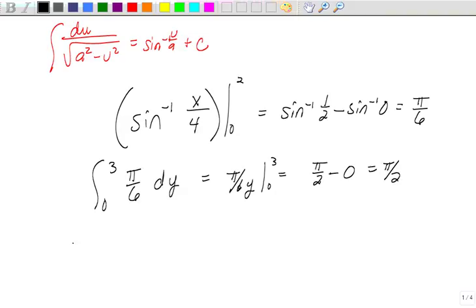And then we have to multiply by the 4 out in front. And that gives us 2 pi. Okay, so there's an example of that's going to be the surface area of that region.